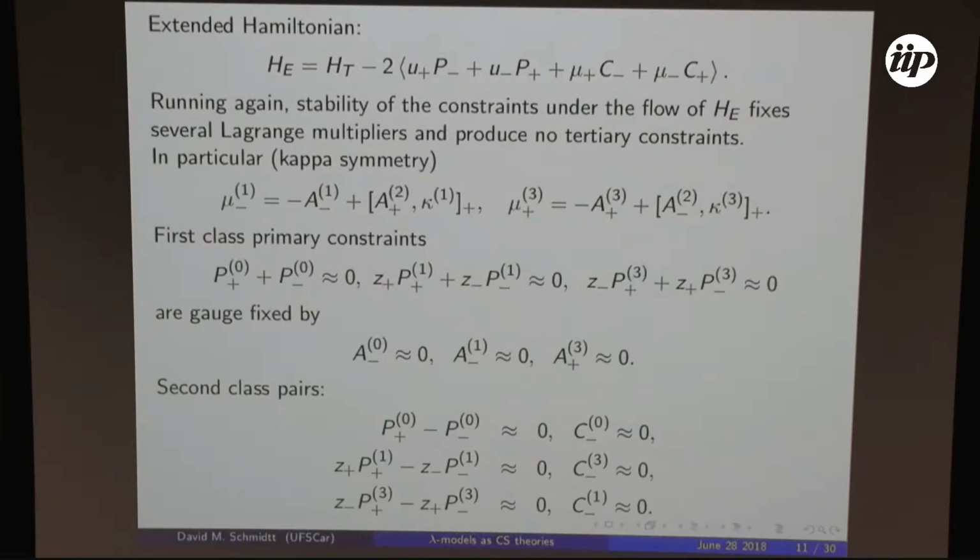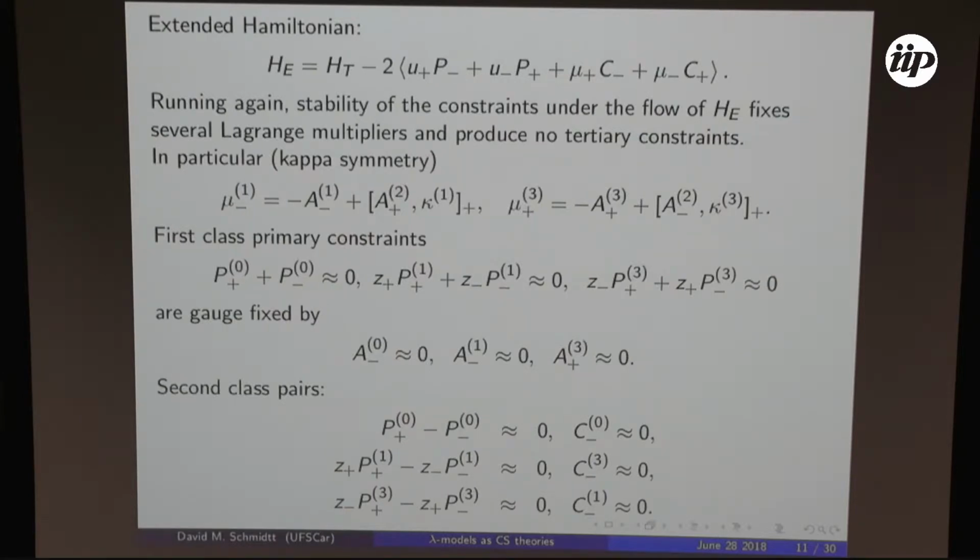So with this, I construct the extended Hamiltonian, where u and mu are just Lagrange multipliers, and run the Dirac procedure again to check the stability of these constraints. There are no tertiary constraints, and we can fix a lot of Lagrange multipliers. In particular, I write this for the kappa symmetry. After I have this full set of constraints, I need to split them into first class and second class.